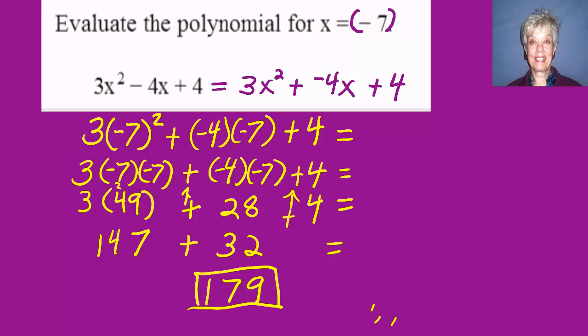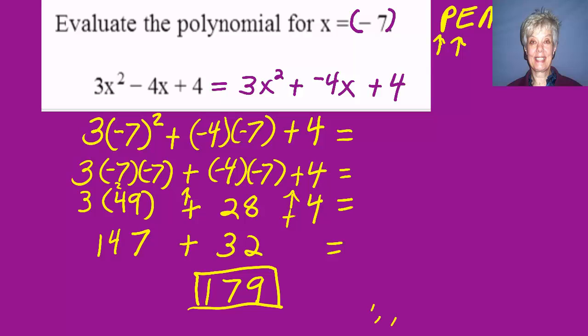Another way to do this would have been to come over to the side and multiply -7 times -7 first. Because if we're working with PEMDAS, first we would work in parentheses if there had been any. Then we would work with exponents. And now there is one.